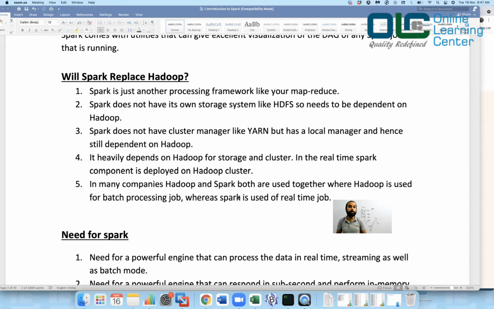I want all my data to be with me, no matter what. They have no other option than to install all these data centers at their own premises and then run Hadoop on top of it. So if that is the requirement, then forget about cloud. Cloud will not even be approved. You will still have to rely on HDFS.